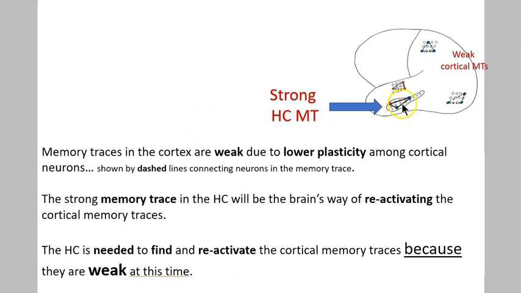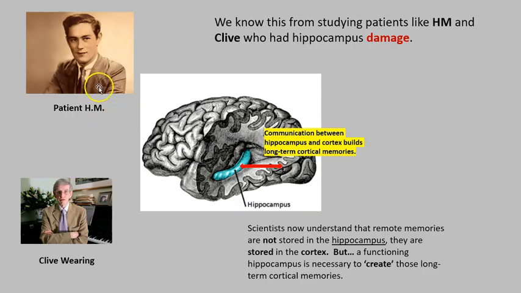Now, why do scientists think there are these different strengths of memory traces in the cortex and the hippocampus? And that gets us back to patients like HM and Clive, who had hippocampus damage. Now, the symptoms of these gentlemen were that they could not make new long-term memories, but they could retrieve remote memories.